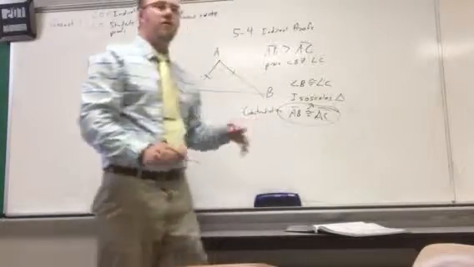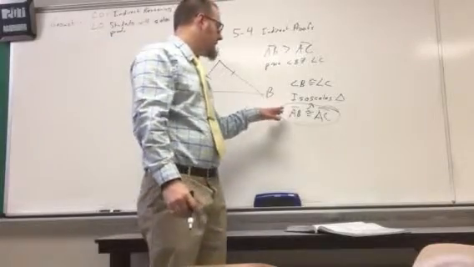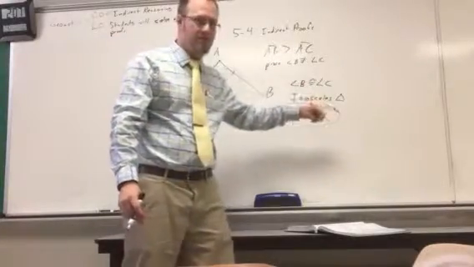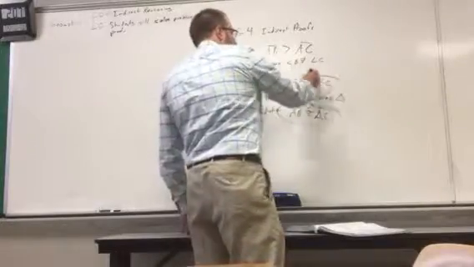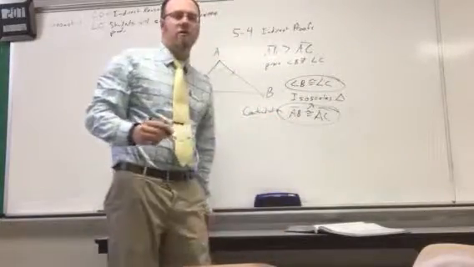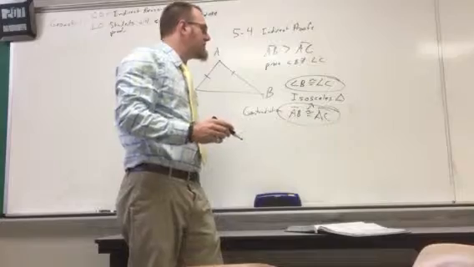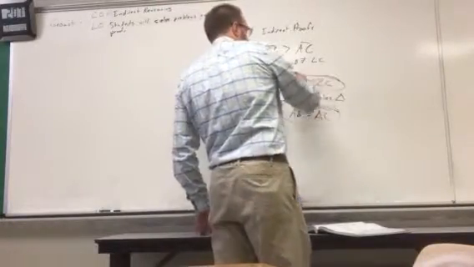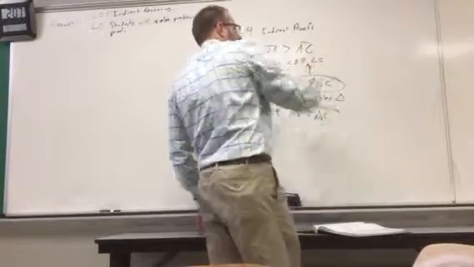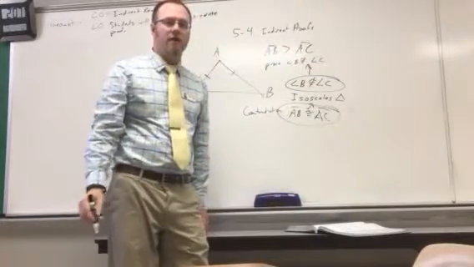So this is an indirect proof. By proving that we don't have an isosceles triangle, because these two sides are not congruent, it disproves this. So if we disprove the fact that angle B is congruent to angle C, then we have just proved that angle B is not congruent to angle C.